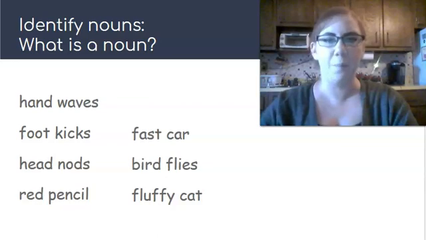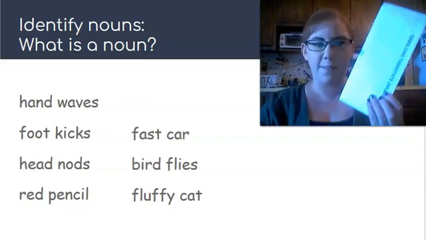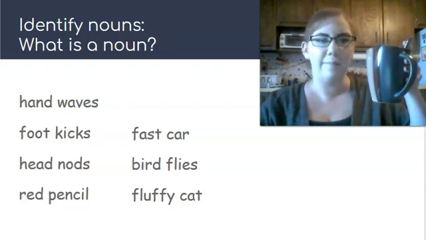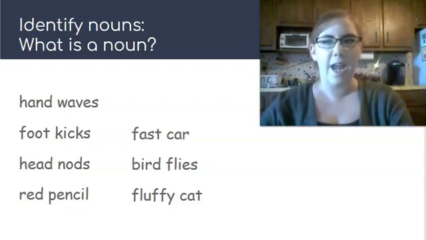If I say blue house, which word is a thing, blue or house? House is a thing. A thing is something that you can hold, like a piece of mail or a coffee cup. Blue is not something you can hold. It's just a color.